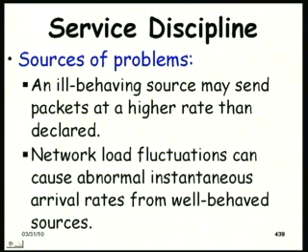The source of the problem is the load fluctuation, which causes abnormal instantaneous rate even from well behaved sources. In other words, traffic becomes bursty even when it is well behaved at the sources.